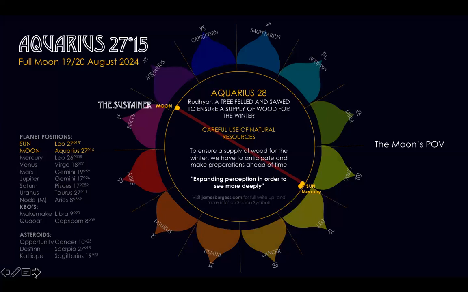So Dane Rudhyar's description is at the top, and then James's narrative for the symbol. The symbol for the moon is a tree felled and sawed to ensure a supply of wood for winter, and James gives the summation of that as expanding perception in order to see more deeply. So this is the moon's point of view.